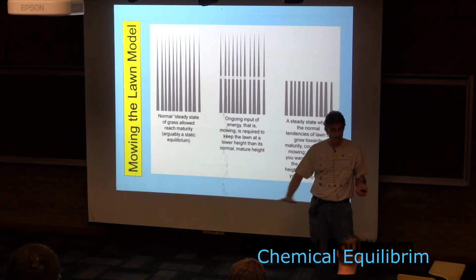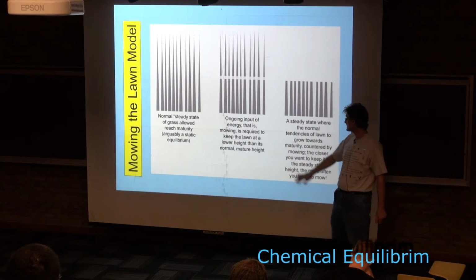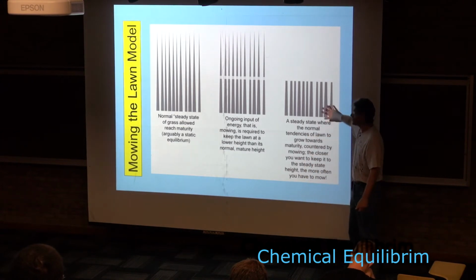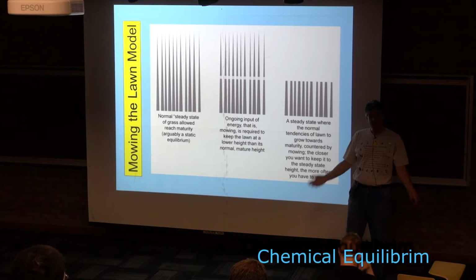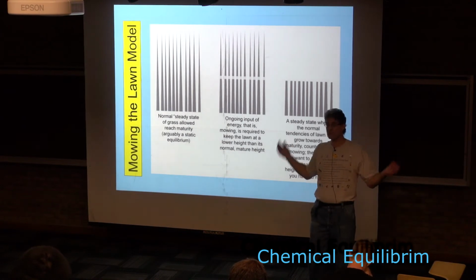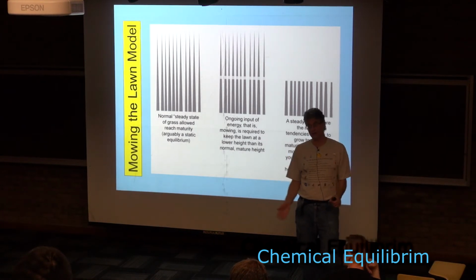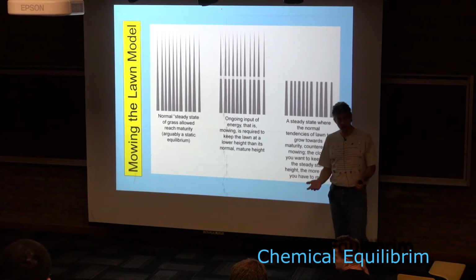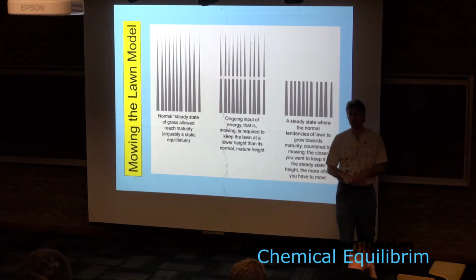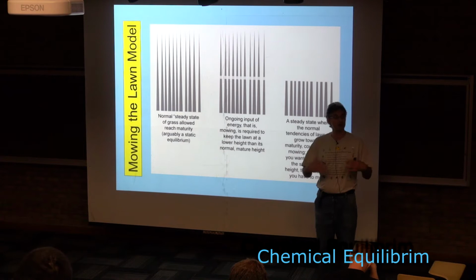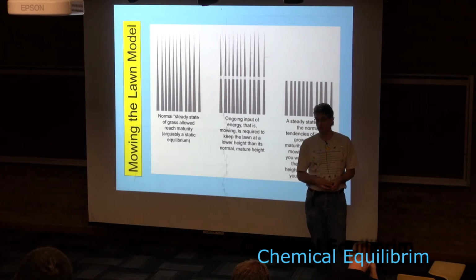We want to maintain it at some relatively short height, so we're constantly out there mowing. And so that represents a steady state. Something's happening, the grass is constantly growing, and we're out there mowing, but ideally, as far as we're concerned, the system is staying the same. The grass is being maintained at something close to a constant height.